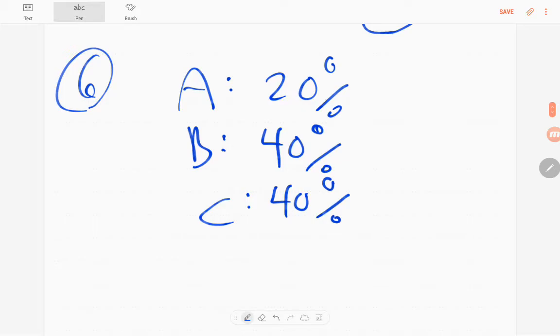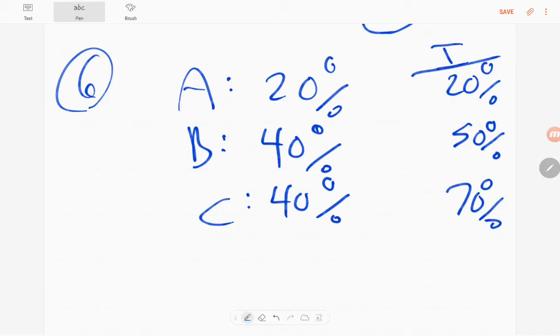From past trials, the probabilities that these drugs will improve their condition are 20% for A, 50% for B, and 70% for C. So that's that they improve the condition. Draw a tree diagram to illustrate this drug trial situation.